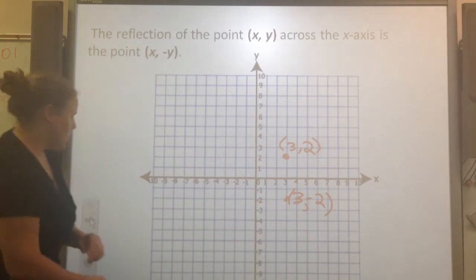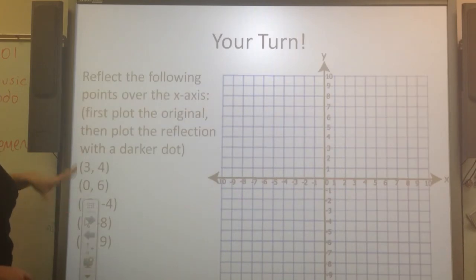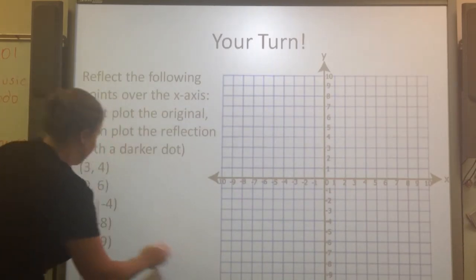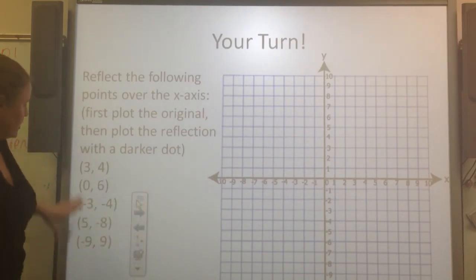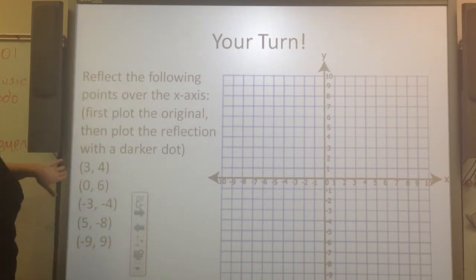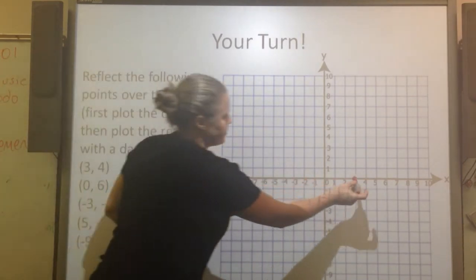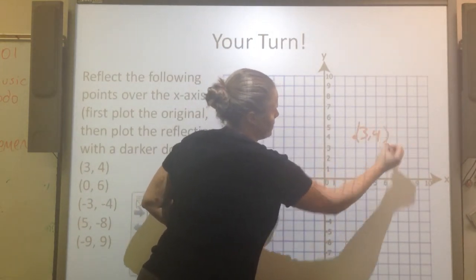Okay, so now we're going to get into some examples. If you need to watch a few more, that's fine, but otherwise, just push pause and try to do these on your own. We'll do a couple together. With (3, 4), I go over 3, up 4, plot my point, label it.